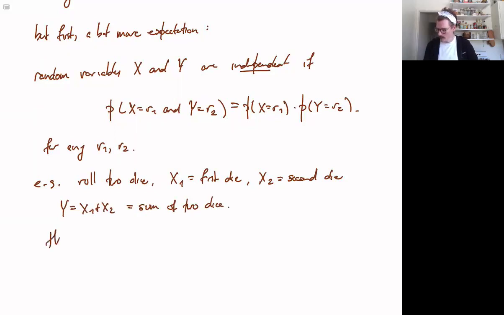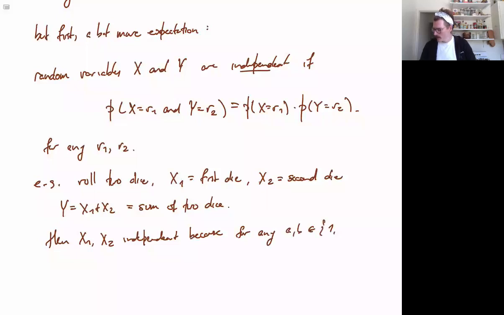Okay, then X1 and X2 are independent. Because for any a and b in the range 1 to 6, we have the probability that X1 equals a and X2 equals b is 1 out of 36, because there are 36 possible outcomes, and this is one of them.